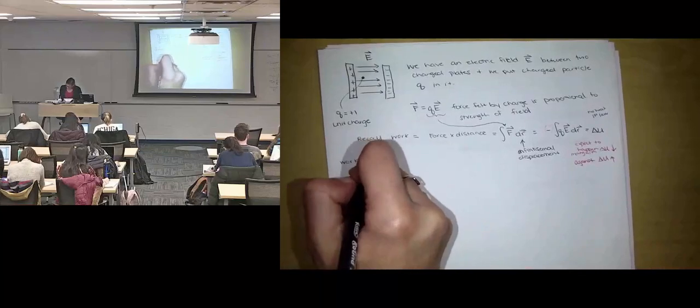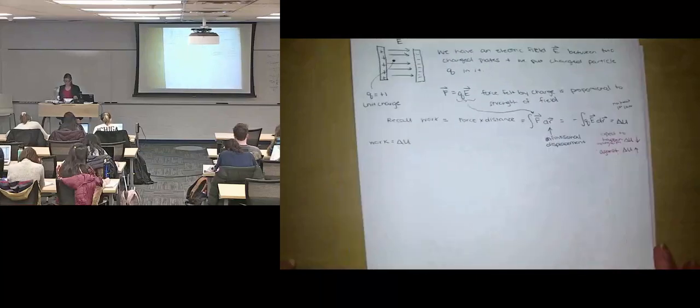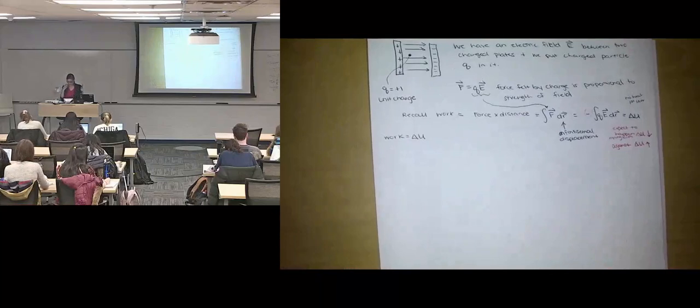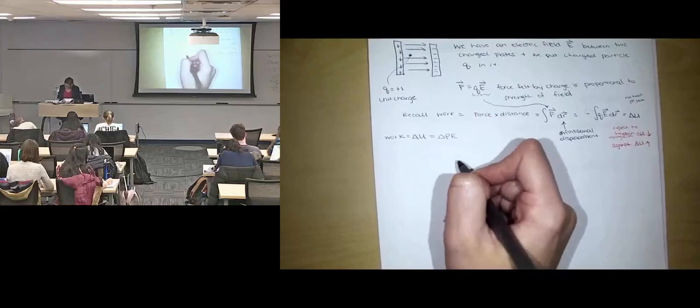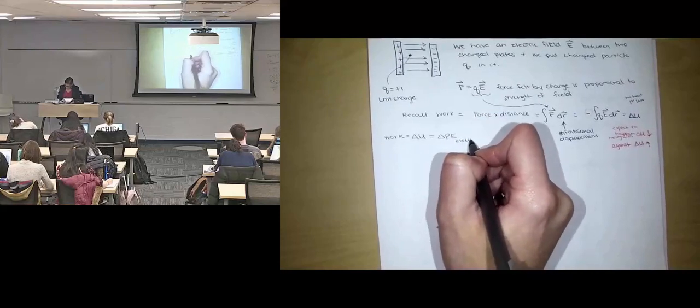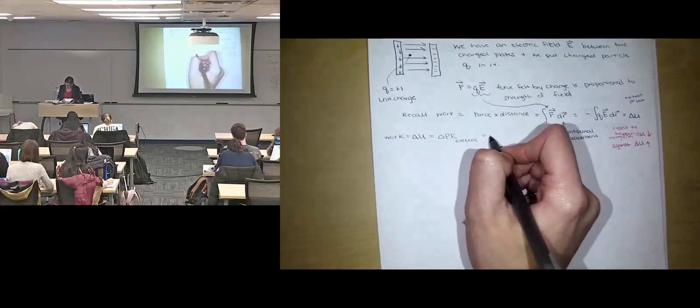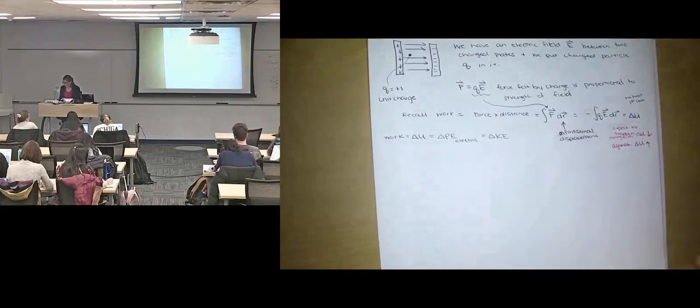Work is equal to, because of first law and there's no heat involved in this scenario, just delta U. This is equal to the electric potential energy. This is equal to the kinetic energy. There's a figure on the slides that I'll populate that hopefully helps clarify that a little better.